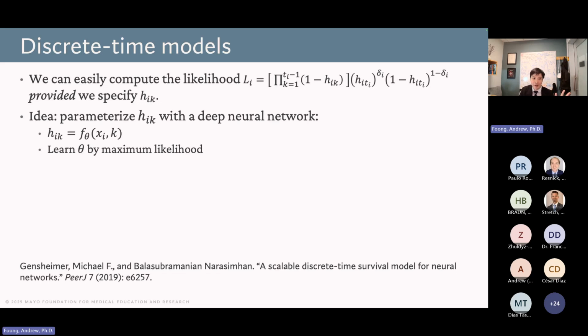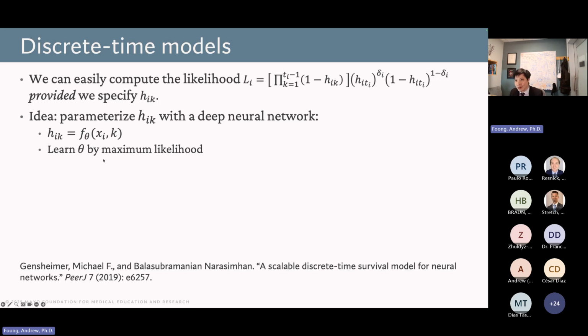The idea behind deep learning models is that we're going to specify this h_ik with a deep neural network. So h_ik is some f_theta of x_i and k, where x_i is the patient covariates, k is the time bin index, and you're going to need to have some kind of softmax on the end of f_theta, because h_ik is a genuine probability. It needs to be between 0 and 1.